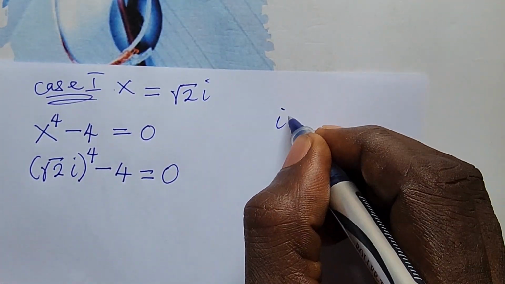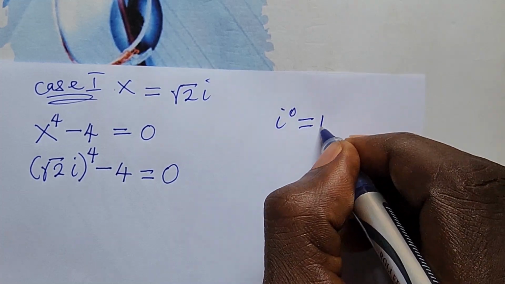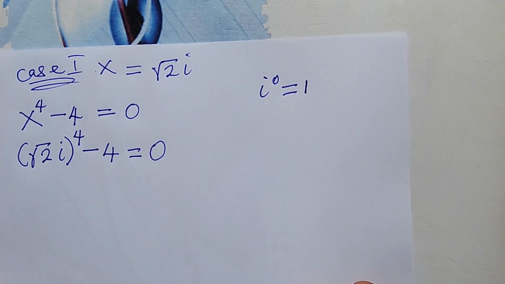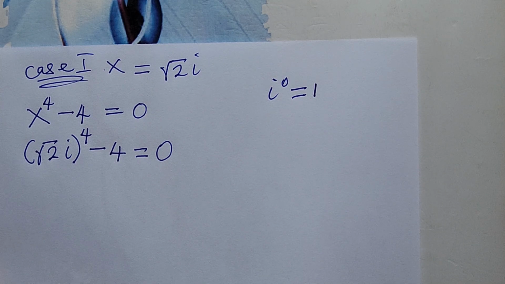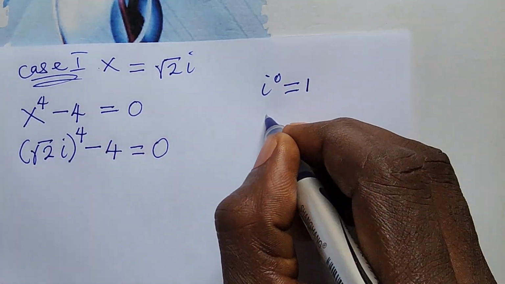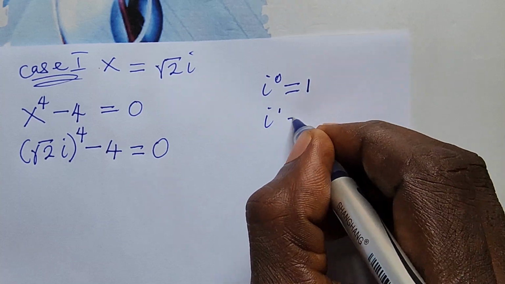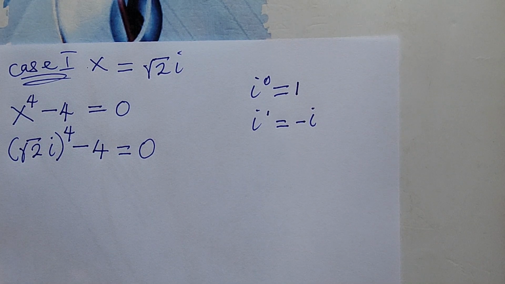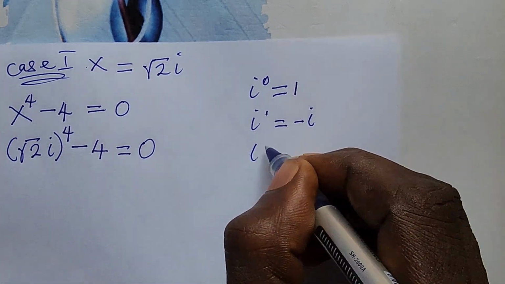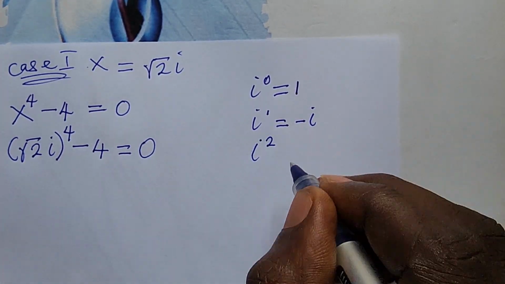Iota to the power of 0 is equal to 1, because anything to the power of 0 will give us 1, except 0. 0 to the power of 0 will not give us 1. So iota to the power of 1 will give us iota. Are you learning something here? Then we have iota to the power of 2.